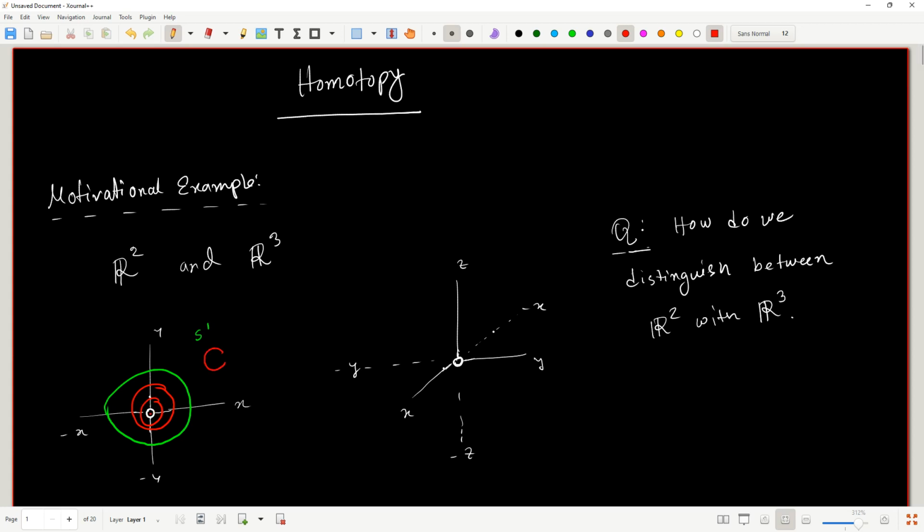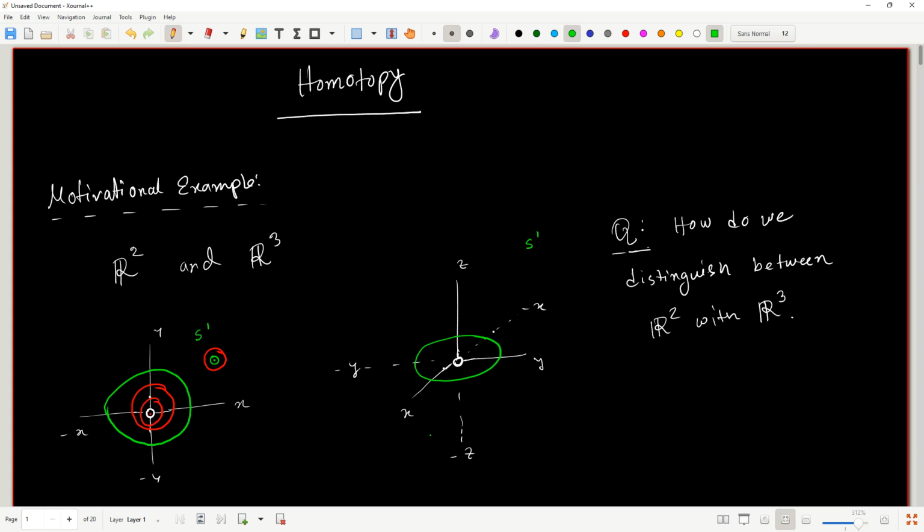However, if you have a circle over here, you have no problem at all to squish it and turn it into a point like this, right? But consider this same circle S1, but now on the R3 space.